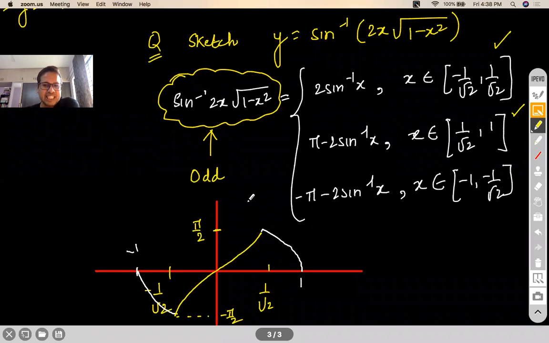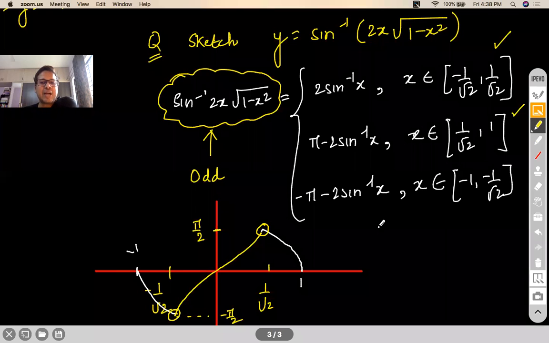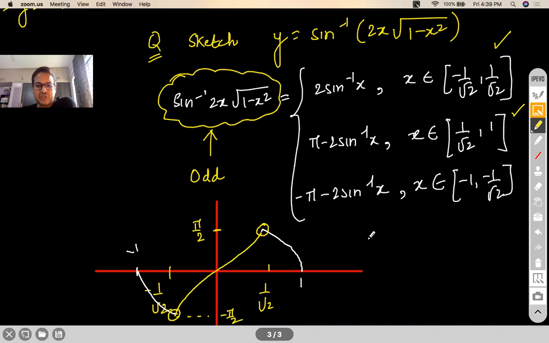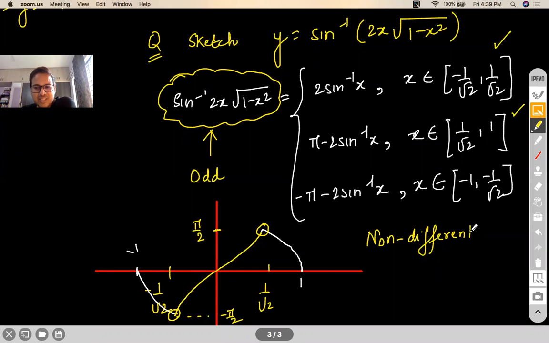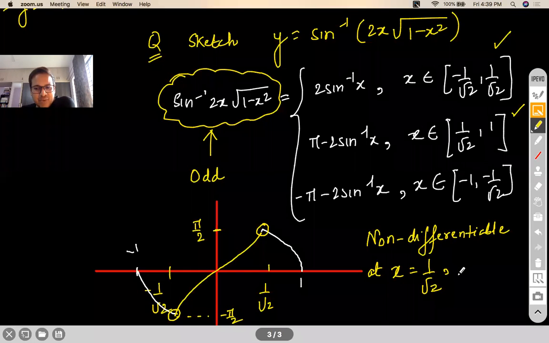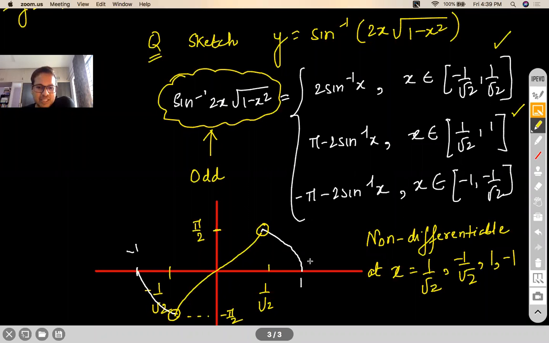One thing you should all observe is that there is a cusp getting formed over here. So at these two points, the function is not differentiable. The function is not differentiable at 1 by root 2, minus 1 by root 2, and 1 and minus 1 as well, because at 1 and minus 1, if you draw a tangent, it would be of infinite slope.